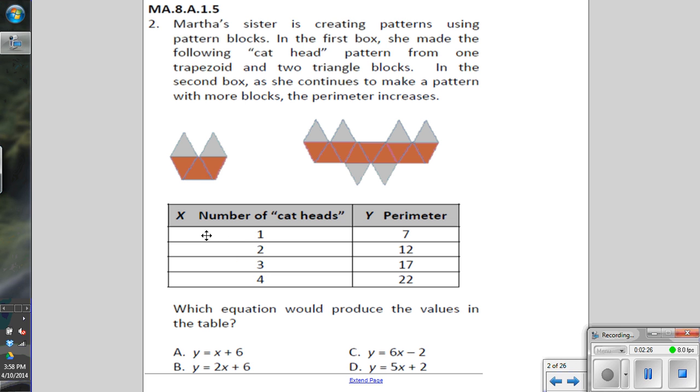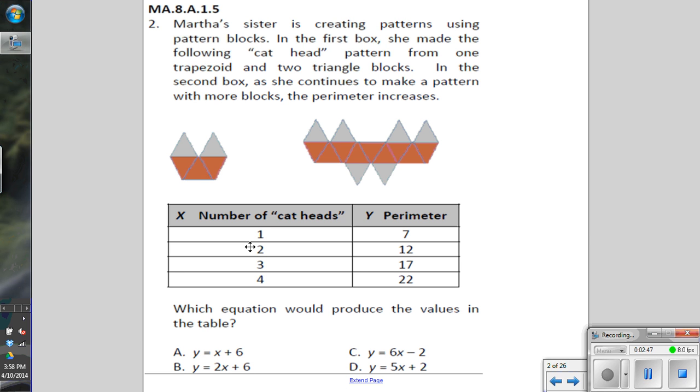So let's start with x being 1. So if x is 1, the perimeter should be 7. If I go to A, it says if x is 1, 1 plus 6 is indeed 7. So this might be an answer choice. So since that worked the first time, now let's look at 2.